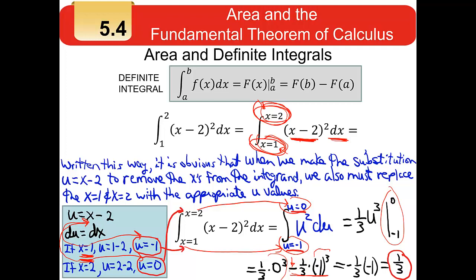I do want to say, and I mentioned earlier, there is an alternate way of doing this, and that is to just go back to your x's before you do the limits of integration. Notationally, that's a little more difficult to pull off. It looks funny as you write it out, but in practical terms, it might even be easier. It's certainly no harder.